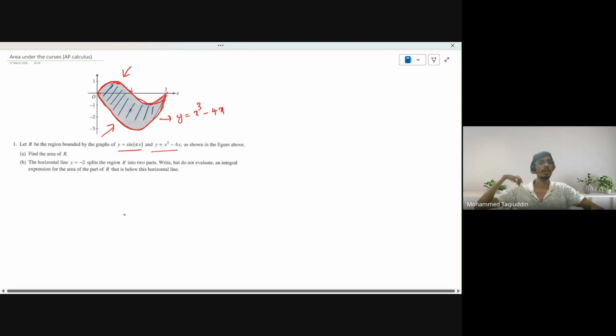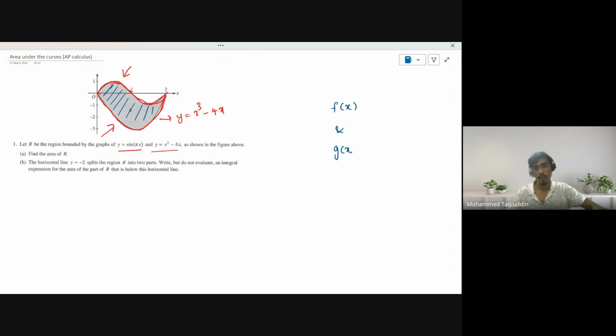The rule says that if there are two different functions, let's say f of x and g of x, and together they are forming a region R, then the region formed by them would be the integration of the difference of these two functions, with the limits from b to a, whatever the limits given in the question.